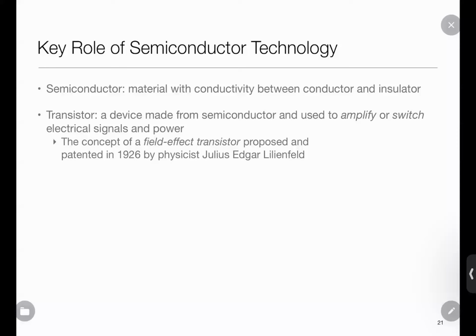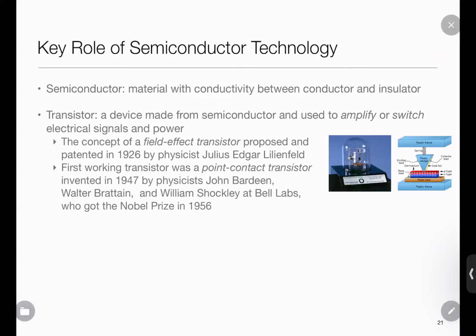The concept of the transistor is about a century old, 1926, by a Polish physicist who conceptualized this thing and actually patented it. But he couldn't build it. It took another couple of decades before it was built. It was built by three physicists at the famous Bell Labs.